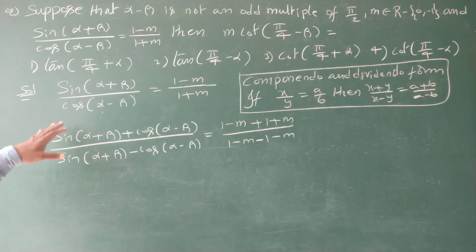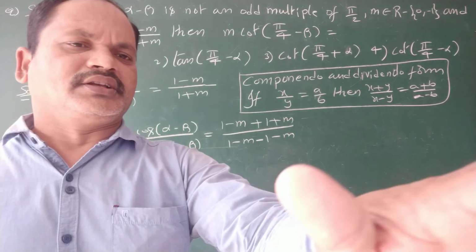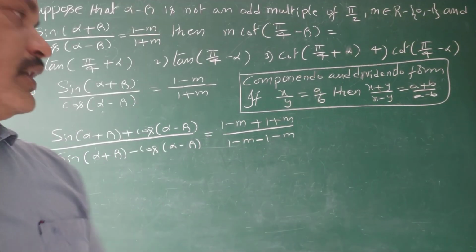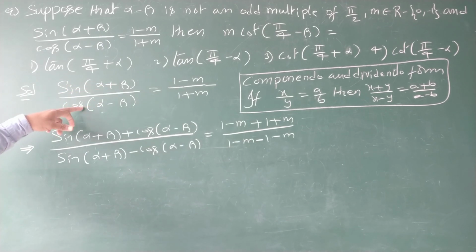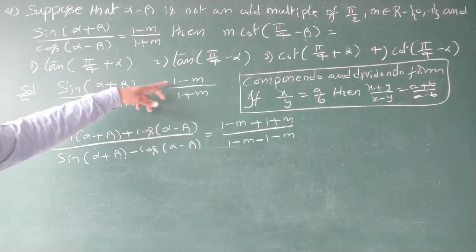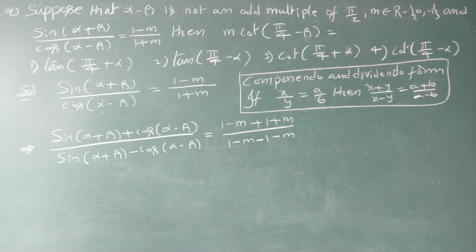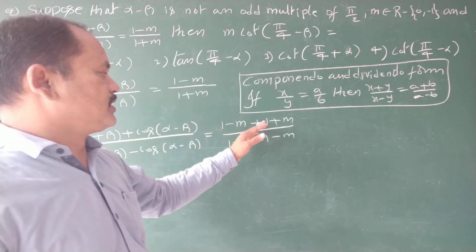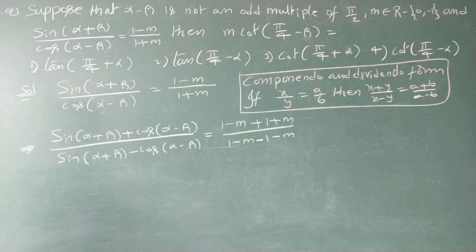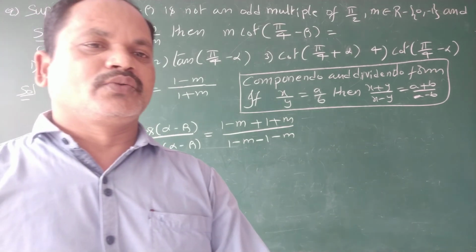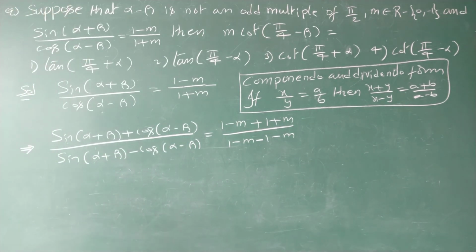That means here, comparing, sin(a plus b) by cos(a minus b) is nothing but x by 1, and (1 minus m) by (1 plus m) is nothing but a by b. So according to that, (sin(a plus b) plus cos(a minus b)) by (sin(a plus b) minus cos(a minus b)) is equal to ((1 minus m) plus (1 plus m)) by ((1 minus m) minus (1 plus m)). From this we have to simplify.